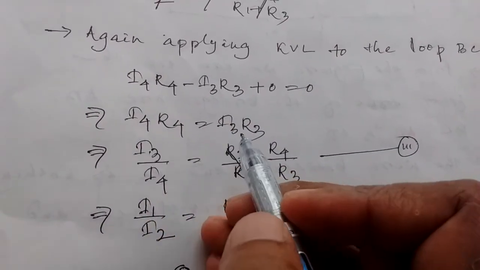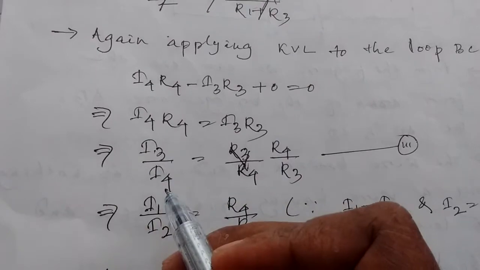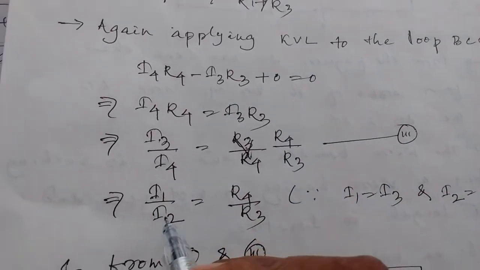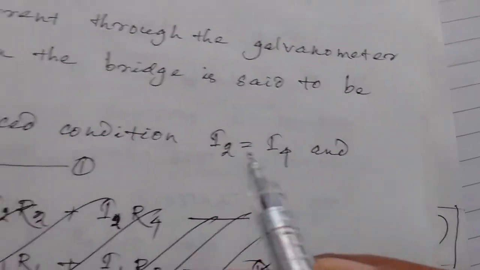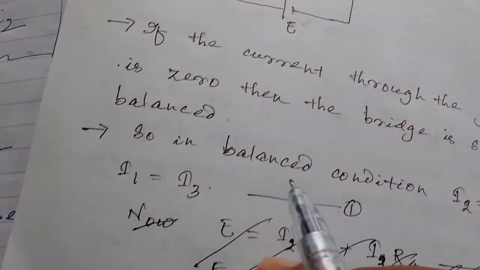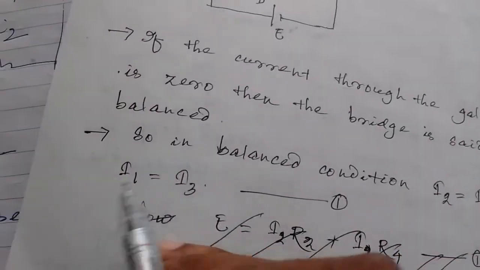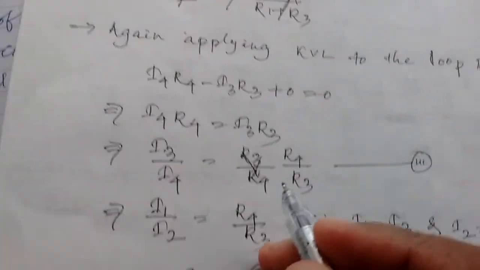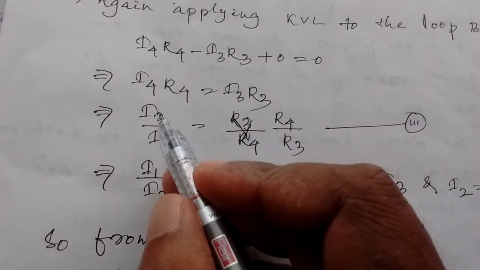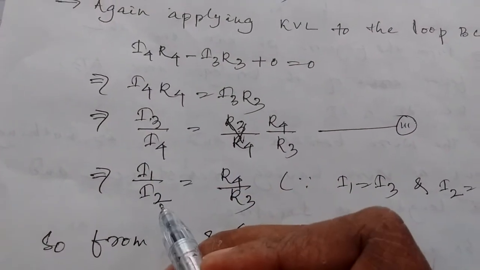Now I4 R4 is equal to I3 R3, so I3 by I4 is equal to R4 by R3. But what is the value of I3 by I4? I2 is equal to I4 and I1 is equal to I3 because the bridge is in balanced condition. So I3 is equal to I1, I4 is equal to I2.